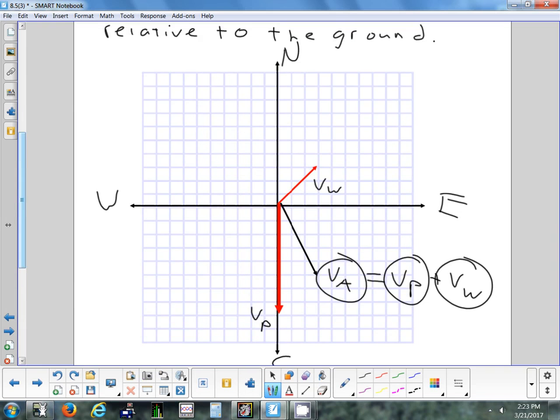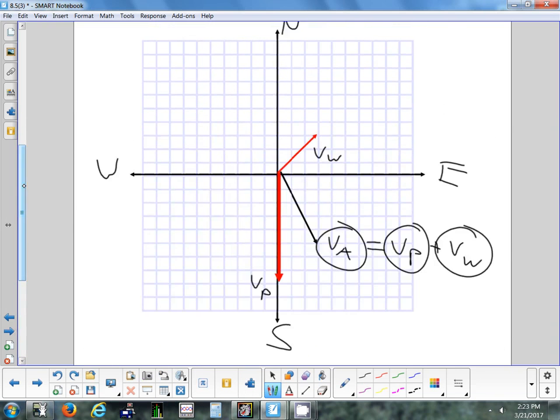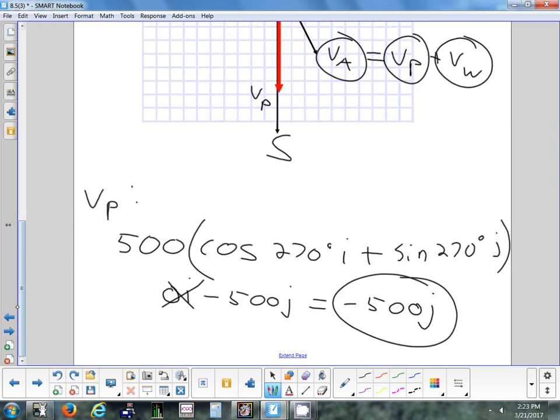Yeah, there's no left or right part to that V sub p at all. It's exactly up or down, in this case down. So if something is perfectly straight up and down, it doesn't have any left and right component to it. That's why there's no i. Now the jet stream will. The jet stream has a north component and an east component. But we have to see if we can also figure out the angle.